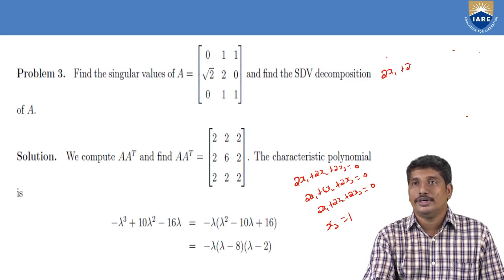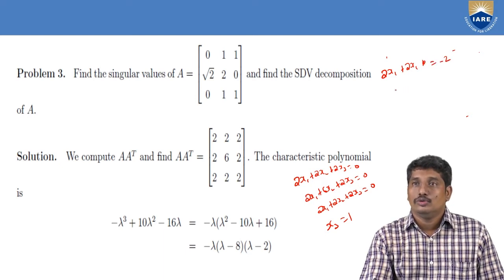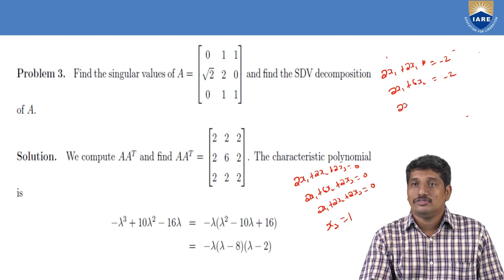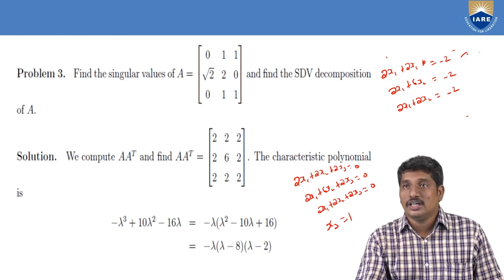2x1 plus 2x2 plus 2 is equal to 0, that means 2x1 plus 2x2 is equal to minus 2. 2x1 plus 6x2 is equal to minus 2. 2x1 plus 2x2 is equal to minus 2. Here, because the first and third equations are the same, we can ignore one equation.